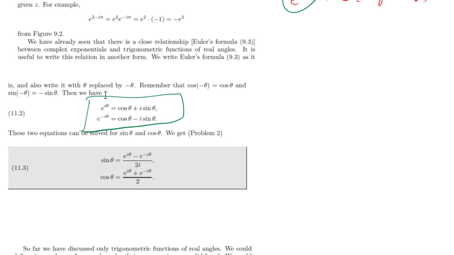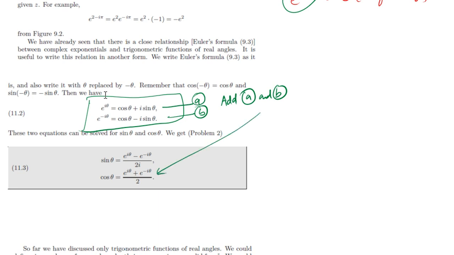So if I call this equation A and this equation B, if you add A and B, you get this equation here.